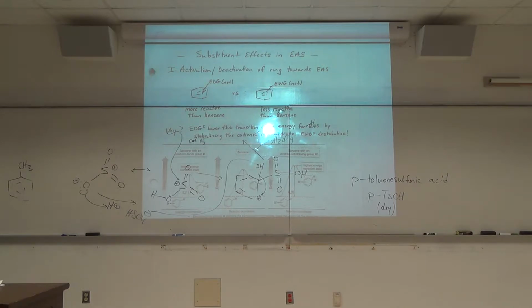We have to be able to answer that. So that is called activation, deactivation. And that's what we're going to look at first. And we're going to look at a variety of groups and how they deactivate or activate. Roman numeral 2 will be directing effects. That is, where does this direct the bromine to end up at? Ortho, meta, or para. So we're going to look at how each type of group directs. First, though, is activation.